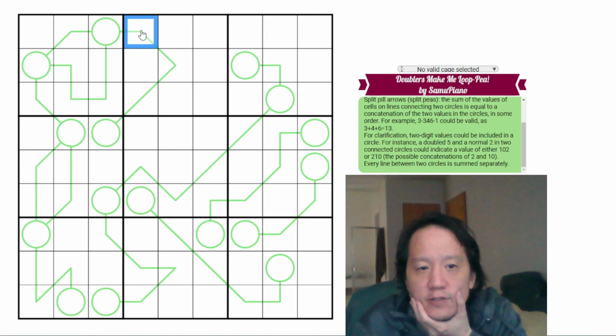Right. So that just means that, for example, between these two circles, this line is summed separately from this line.